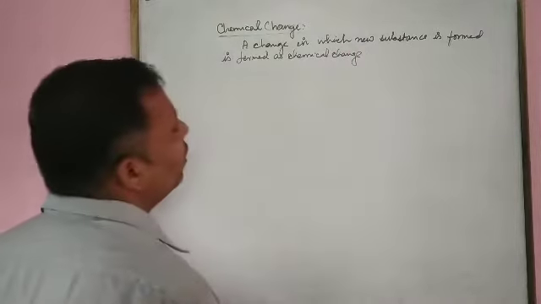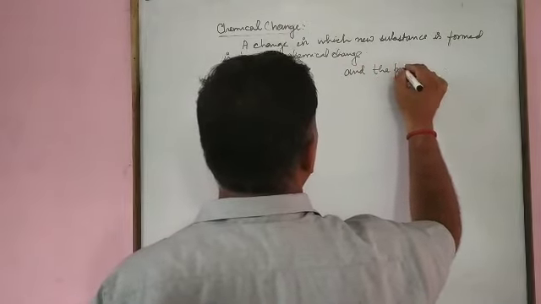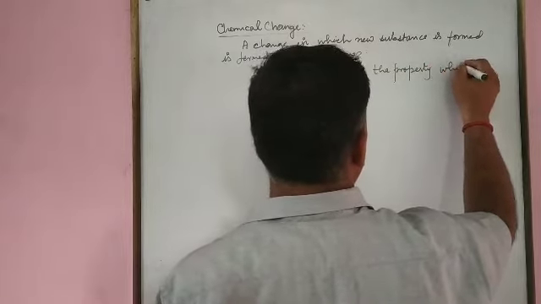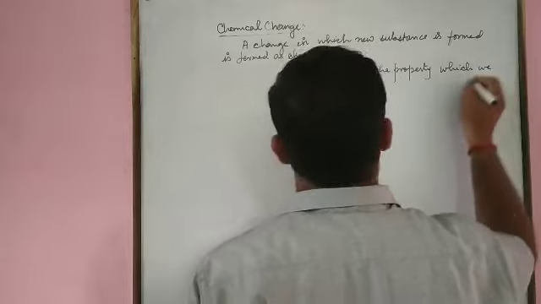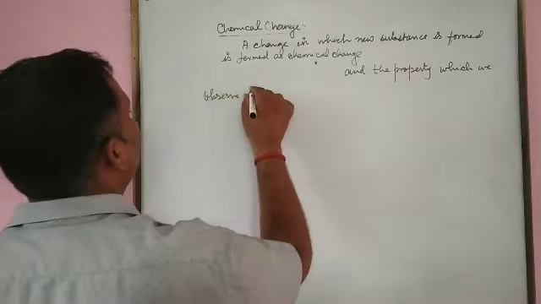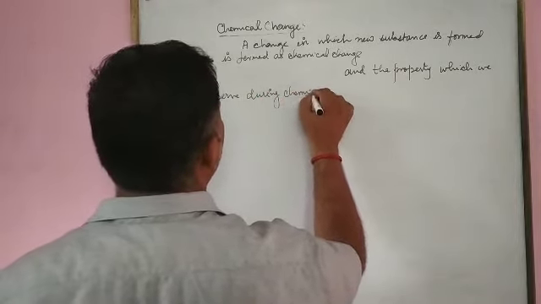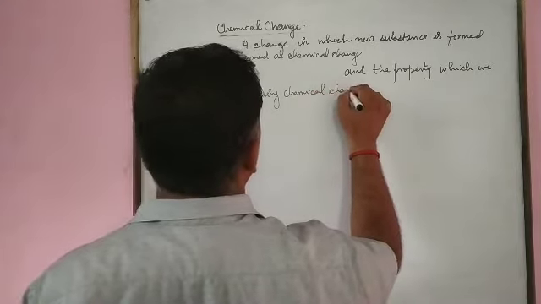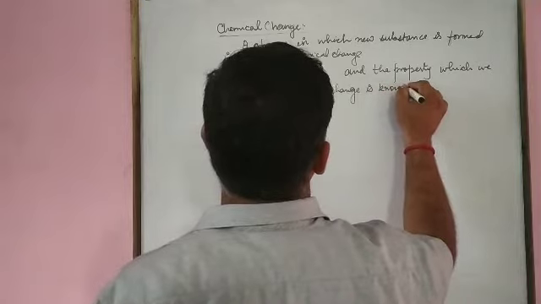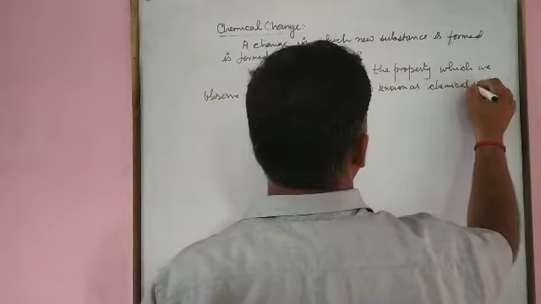The next one: the property which we observe during chemical change is known as chemical property.